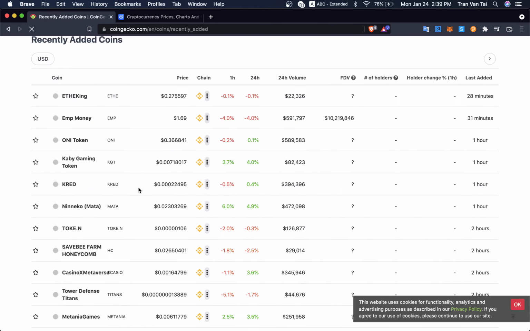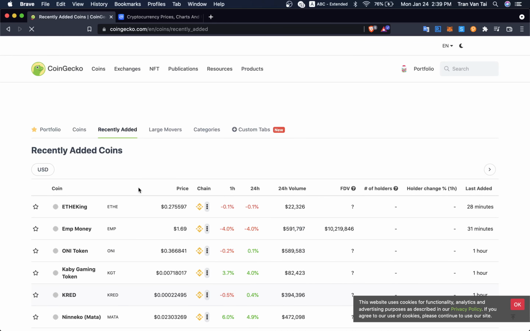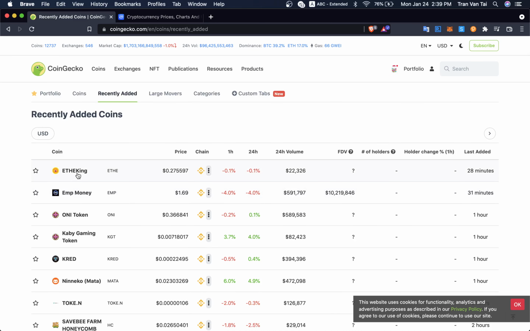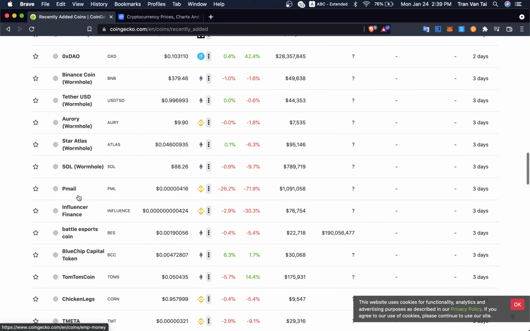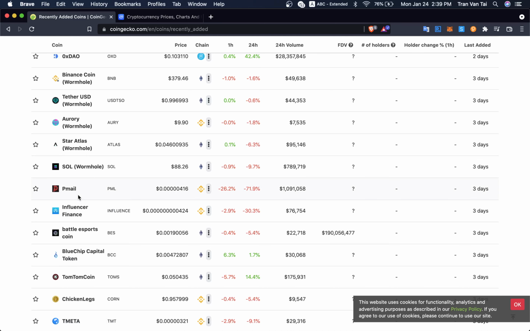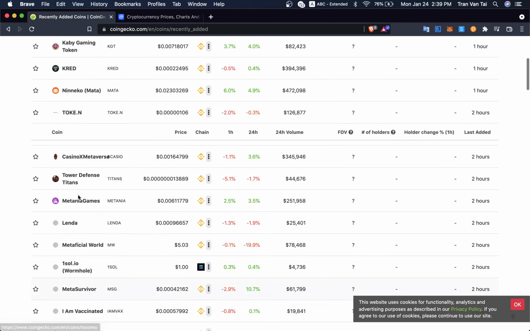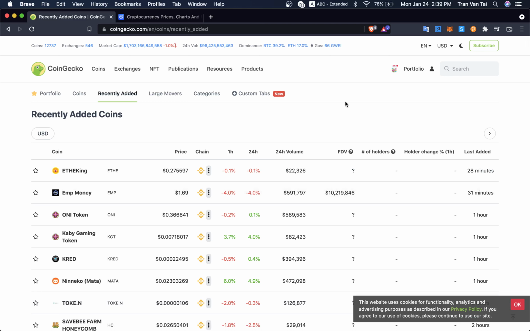You can see recently added coins or tokens here. I think a lot of new tokens are imported every day, so we need to have good knowledge and do good research before buying any new token.